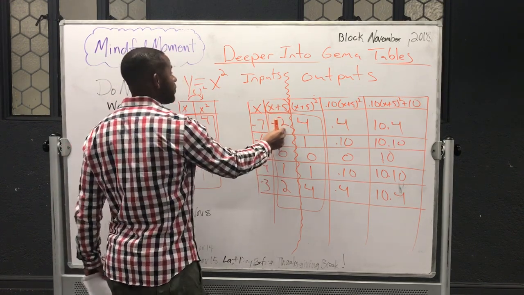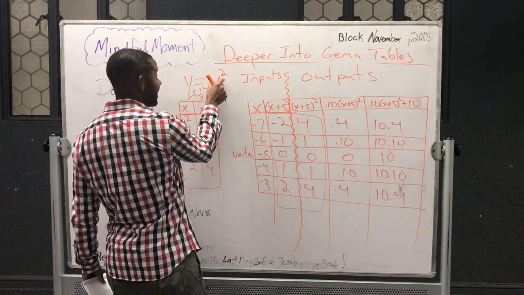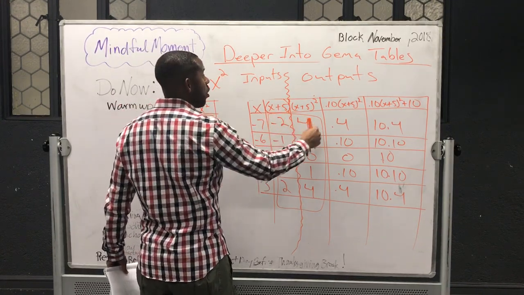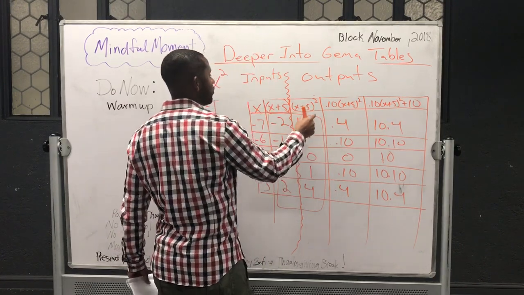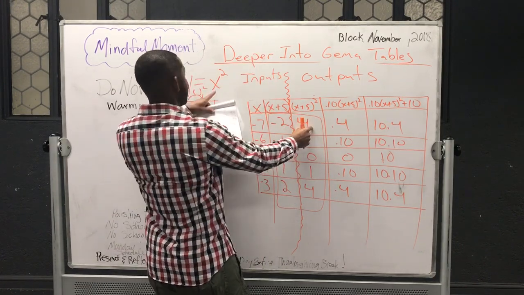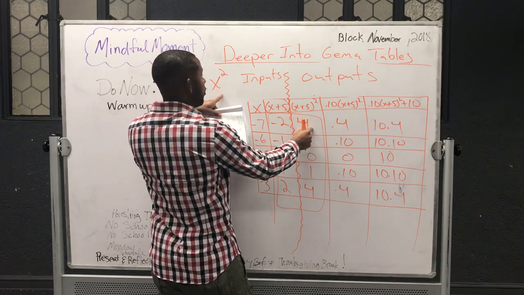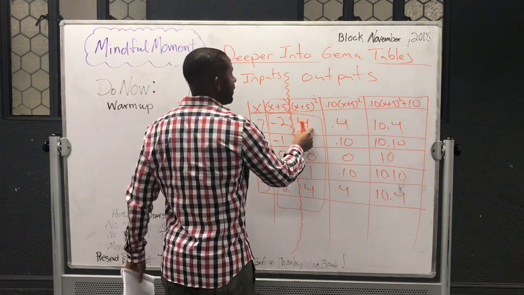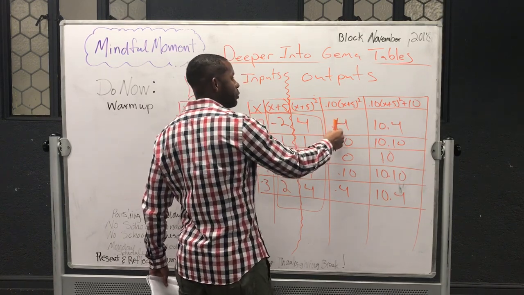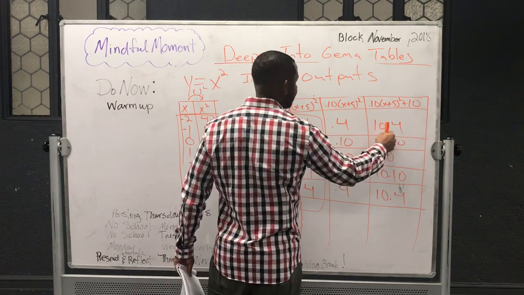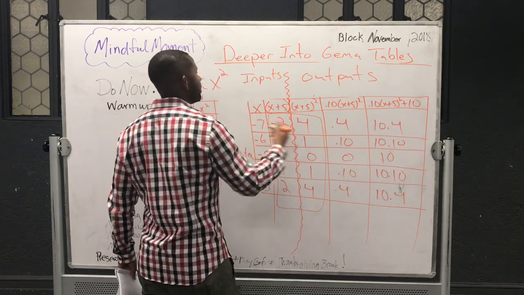And now that I know what's the thing that's being squared, all the rest of this is what happens to my outputs. Well, my first output in my parent function, if I took this negative 2 and squared it, I'd get 4, right? But then I have to multiply that by 0.10. My output needs to multiply by 0.10. Then I need to add 10, right? So all these are outputs.